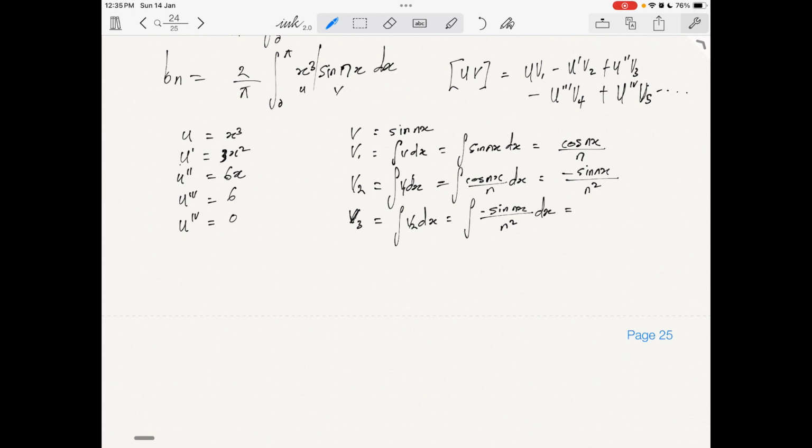Integrating minus sine nx over n squared will give us cos nx over n cubed. And v4, which is integral of v3 dx, is integral of cos nx over n cubed dx, and this will give us sine nx over n raised to power 4.